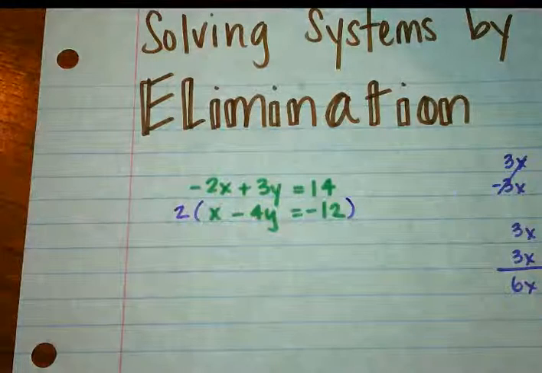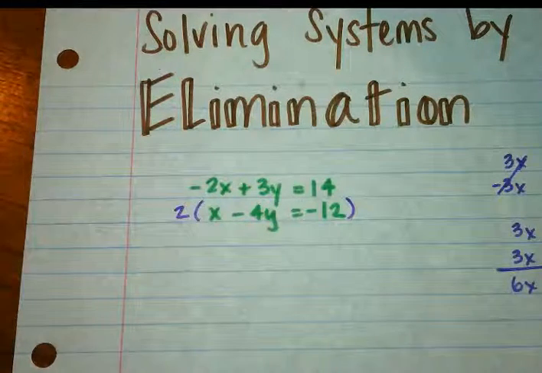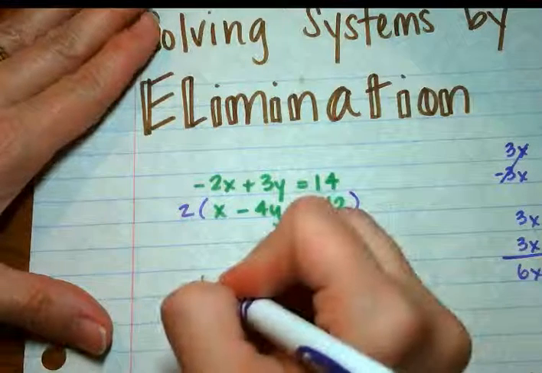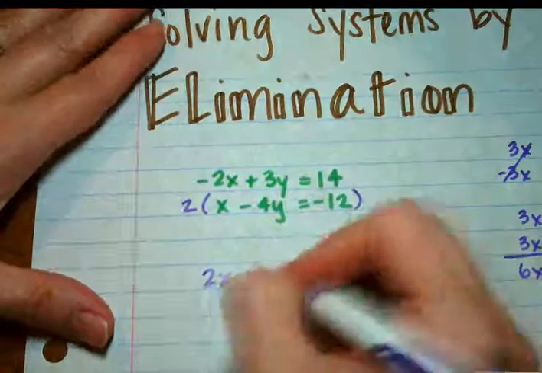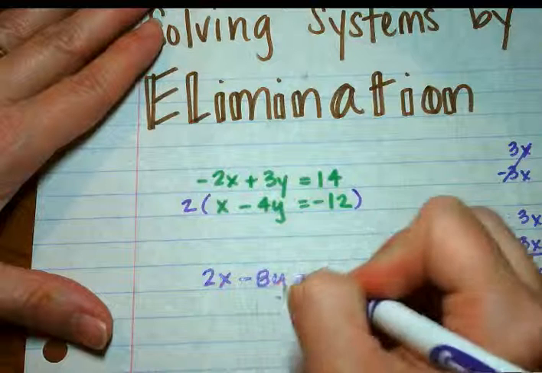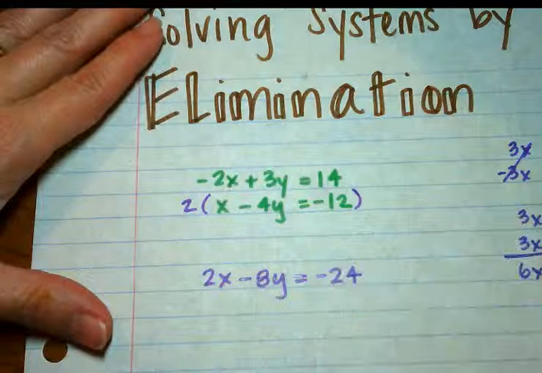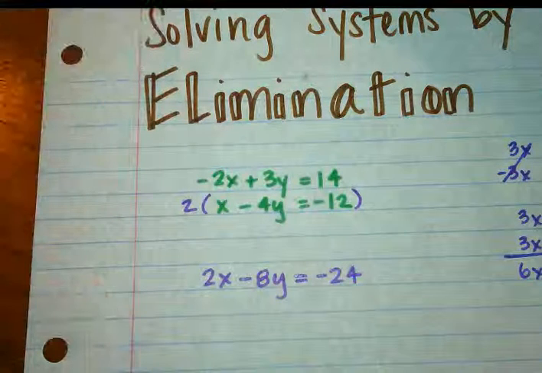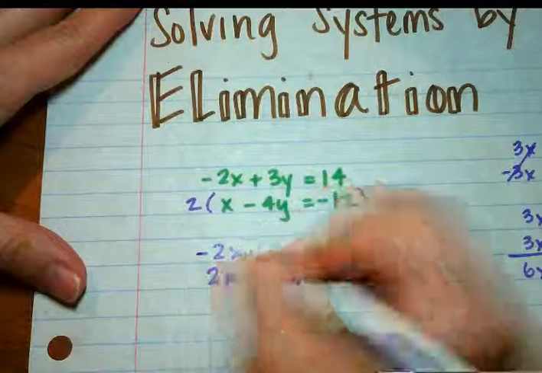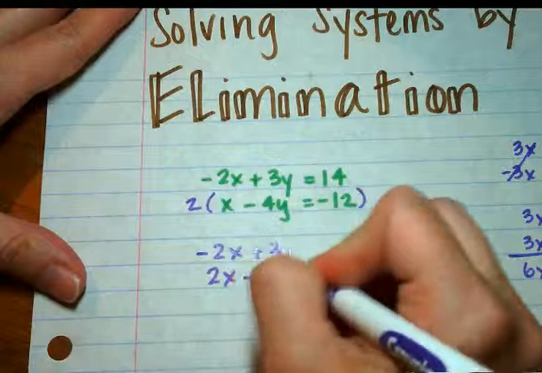And if I multiply this line by 2, then my new second line is going to be 2x minus 8y equals negative 24. And I'm just going to keep my first line the same. I don't want to make any changes to that one, so I'm just going to rewrite it.